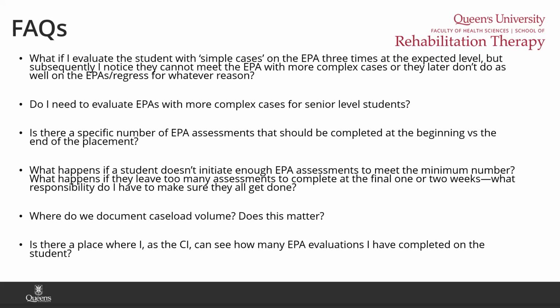And finally, I'll mention a question that's come forward from the pilot: is there a place where I, as the CI, clinical instructor, can see how many EPA evaluations I've completed on a student? There is a roundabout way where you can look at that, and I can show you what that looks like.